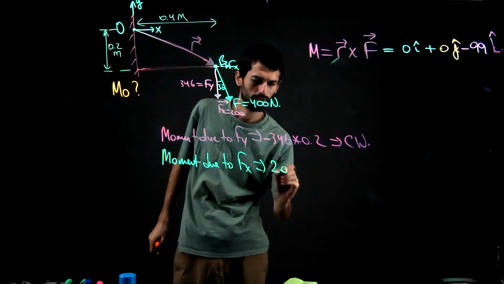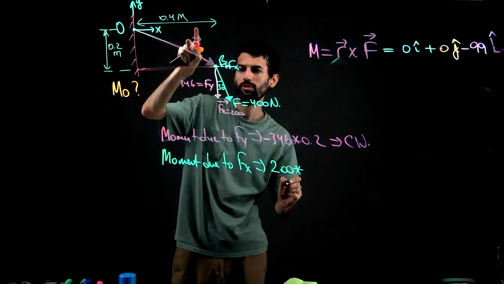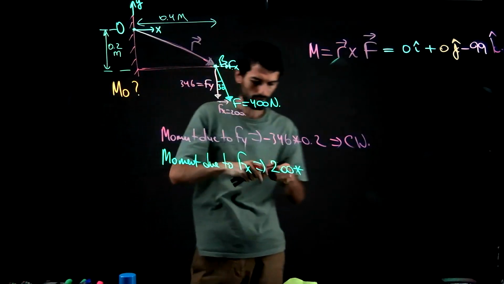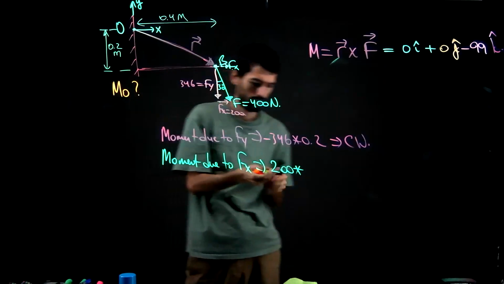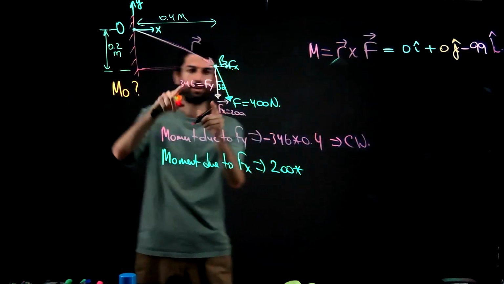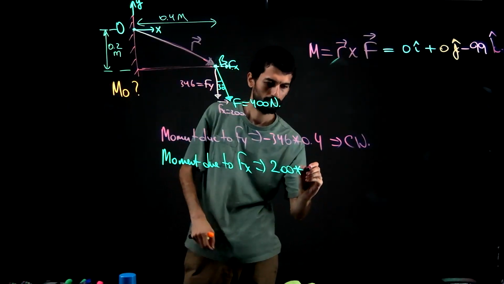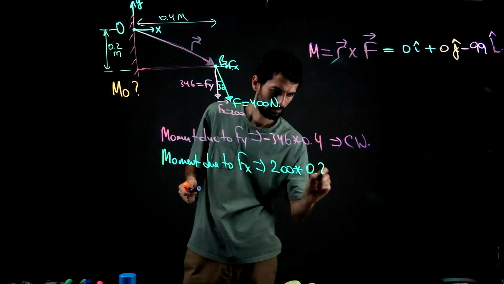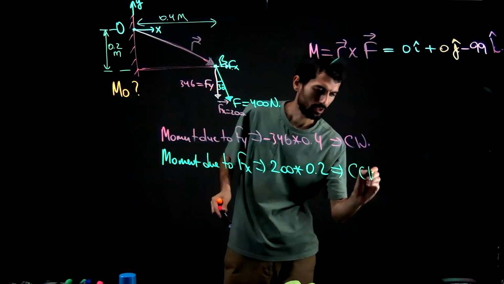That will be 200 times its arm. Sorry, F_y will have an arm of 0.4, and F_x will have an arm of 0.2. This one is counterclockwise, and that is positive.